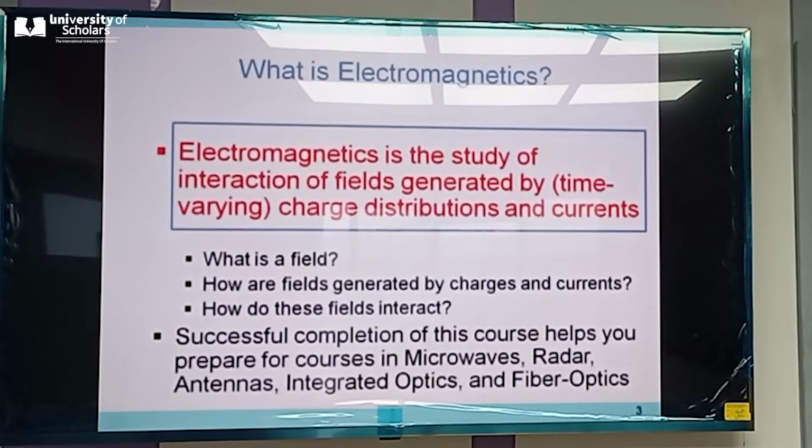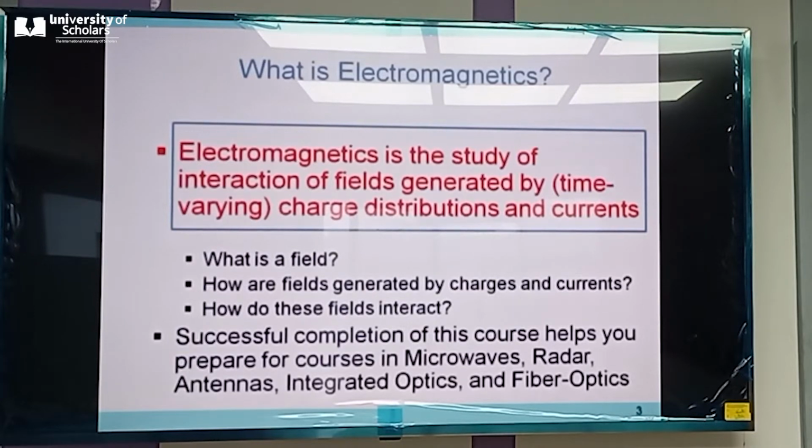And how would a current distribution generate a magnetic field or an electric field? These are the questions one should ask. And then, what is the interaction between these two fields, the electric and the magnetic fields? So this is the broad scope of this course. We will be looking at all these questions in greater detail.